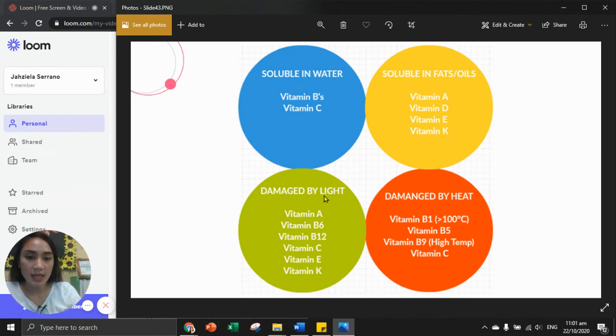Ang damaged by light mostly is vitamin A, vitamin B6, vitamin B12, and vitamin C, E, and K. Alam naman natin lahat, vitamin C is very unstable. And damaged by heat, vitamin B1, pag more than 100 degrees Celsius, very unstable na siya. We have vitamin B5. We also have vitamin B9 sa high temperature and of course, vitamin C.